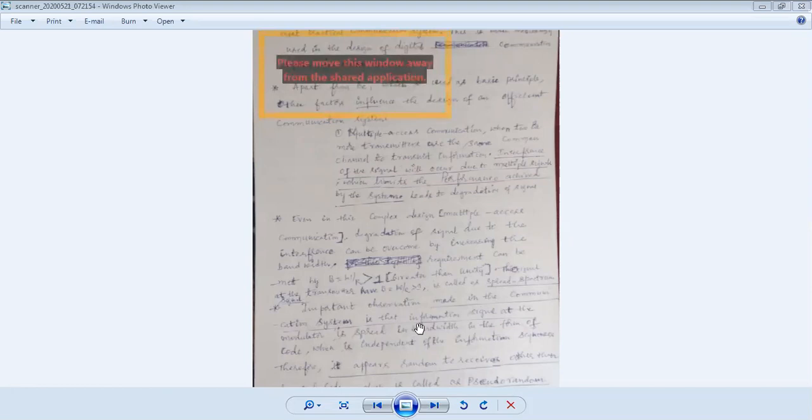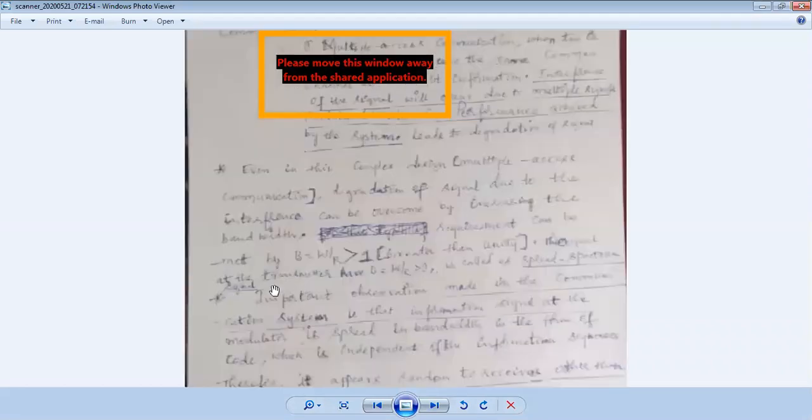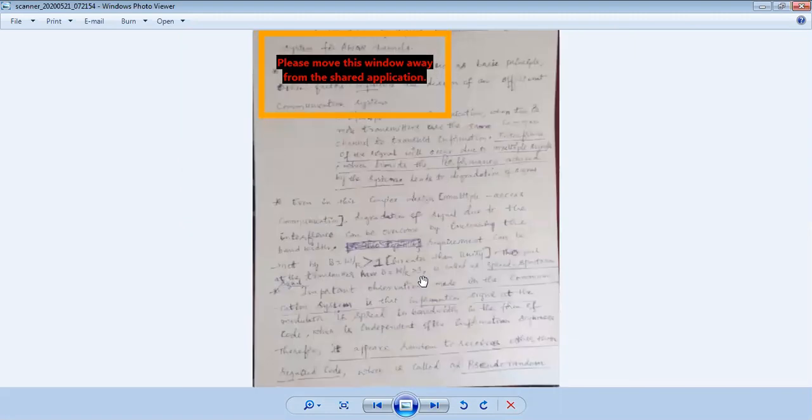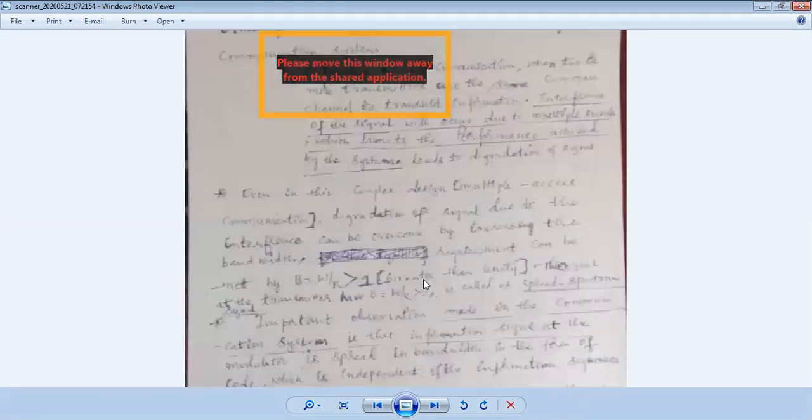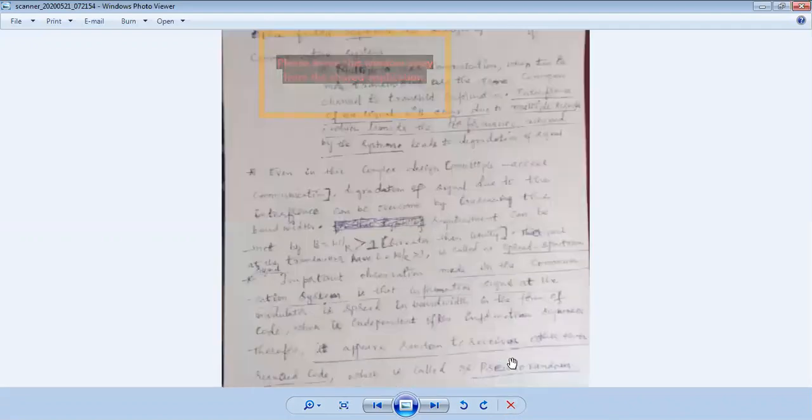The second very important fact is what we call spread spectrum of the signal, and the second most important thing is pseudo randomness. What is pseudo randomness?